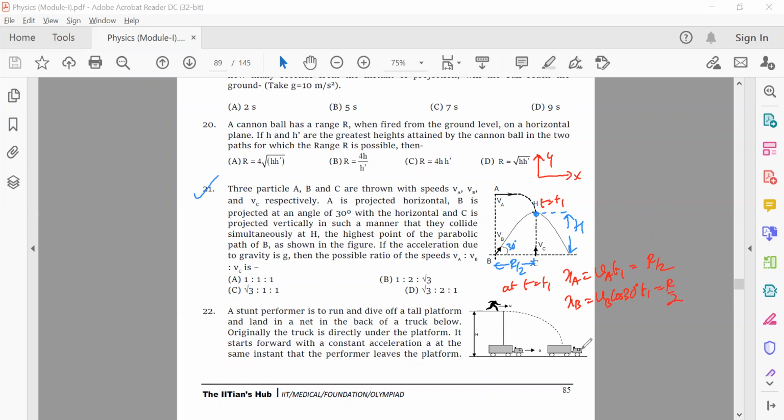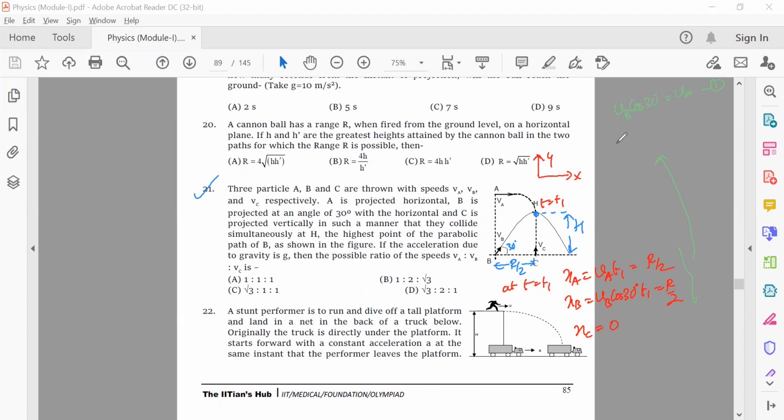And the x displacement for C should be 0 because it's just making a vertical displacement. So comparing this equation and this equation, we'll get one relation already. So one relation we'll get is that VB cos 30 should be equal to VA. That's the first thing we'll get.